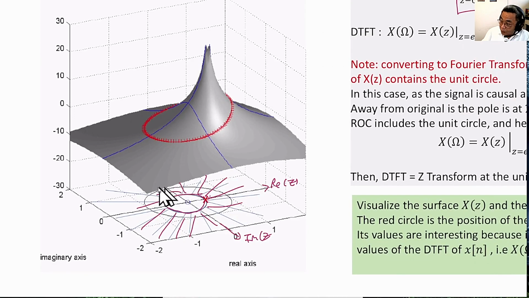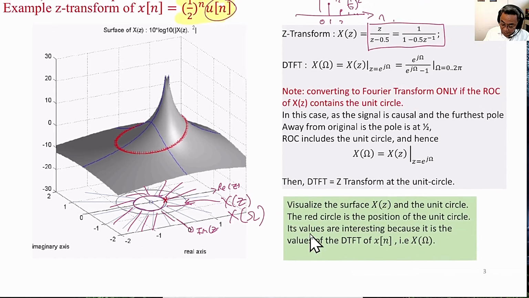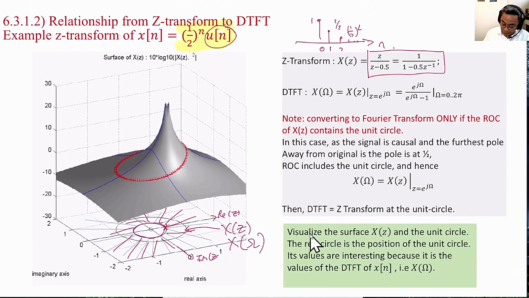And it also shows that along the unit circle, X(z) exists. So this along the circle is X(z) at the unit circle. Since it exists, therefore it also shows us that the DTFT exists, since they are actually the same equation.